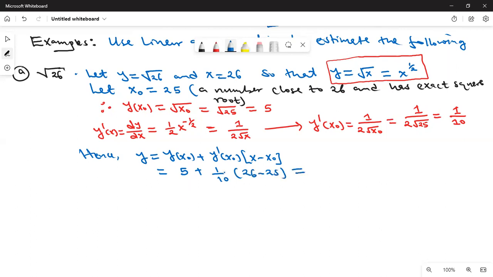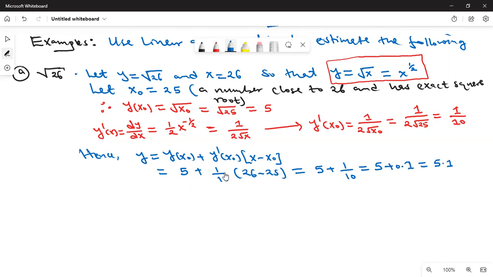So this you can write as 5 plus 1 over 10, which is 5 plus 0.1. And so the result here is 5.1.